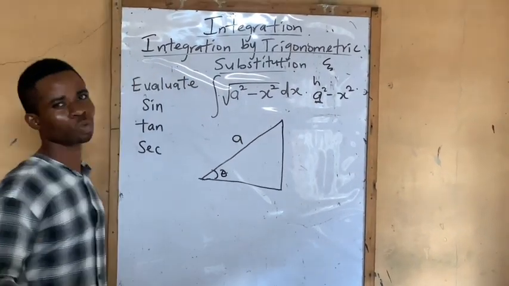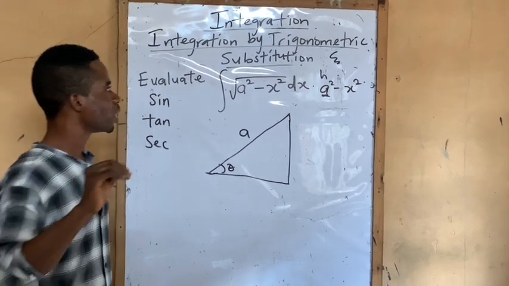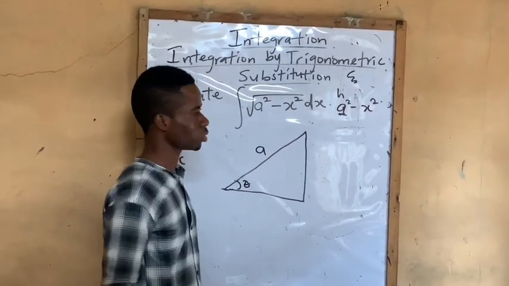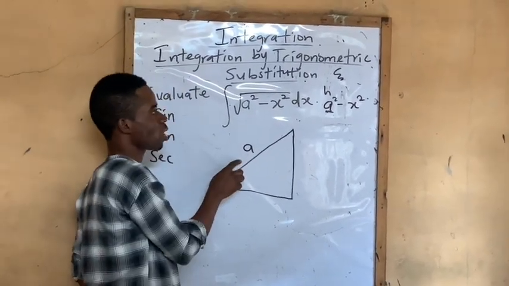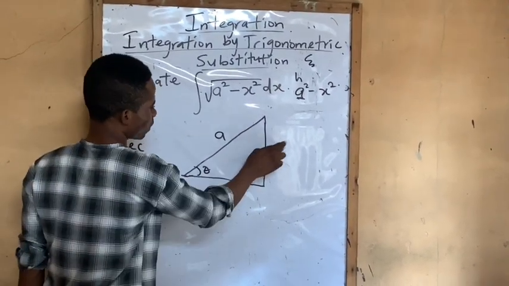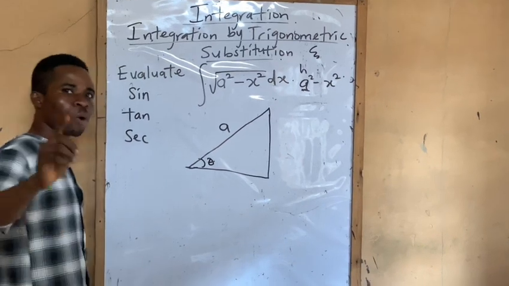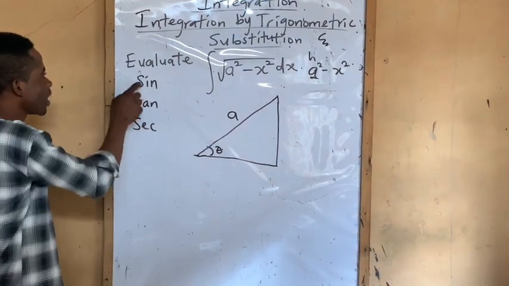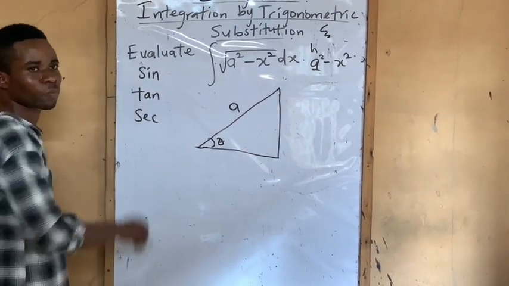First thing you have to do is that this is the hypotenuse. Hypotenuse is A. Now, where will you put your x? Is it here or here? But do not forget, we work with sine, tan, sec.